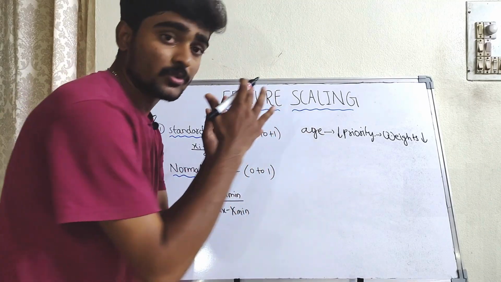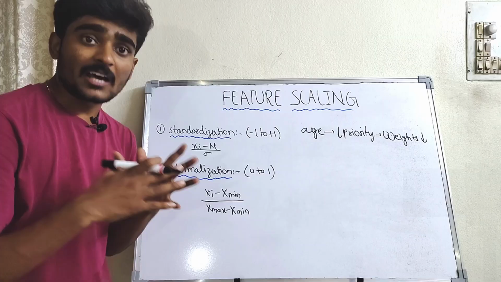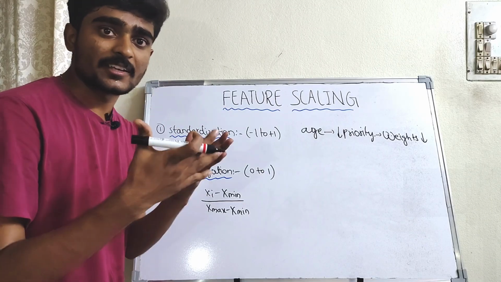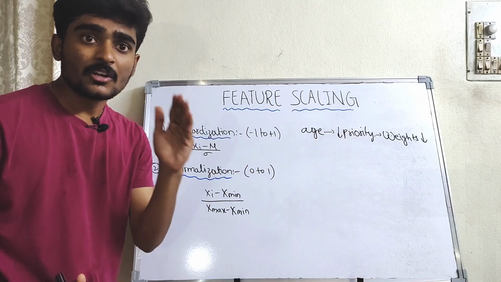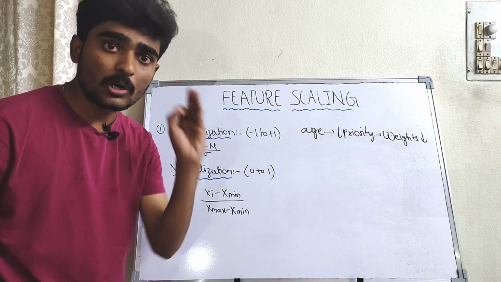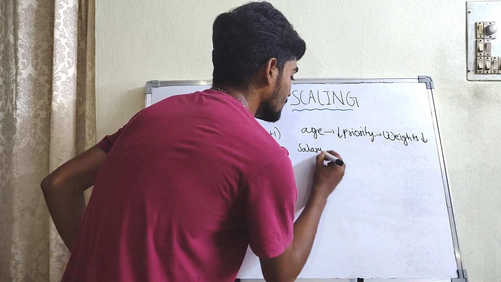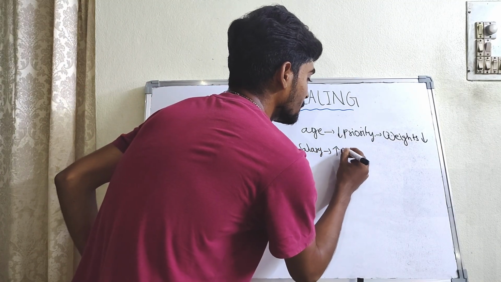Now when it comes to the salary column, the scales are very high. Due to these higher scales, the neural network thinks it is an important feature and gives it higher priority.